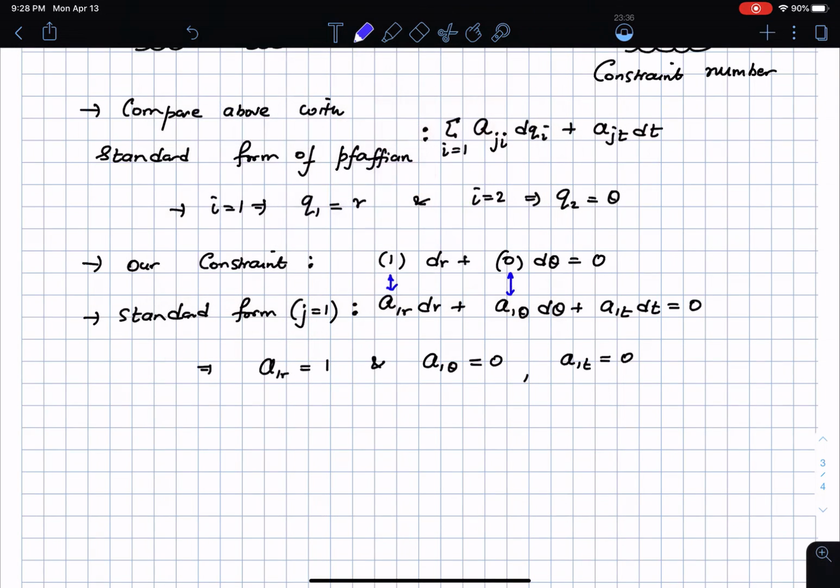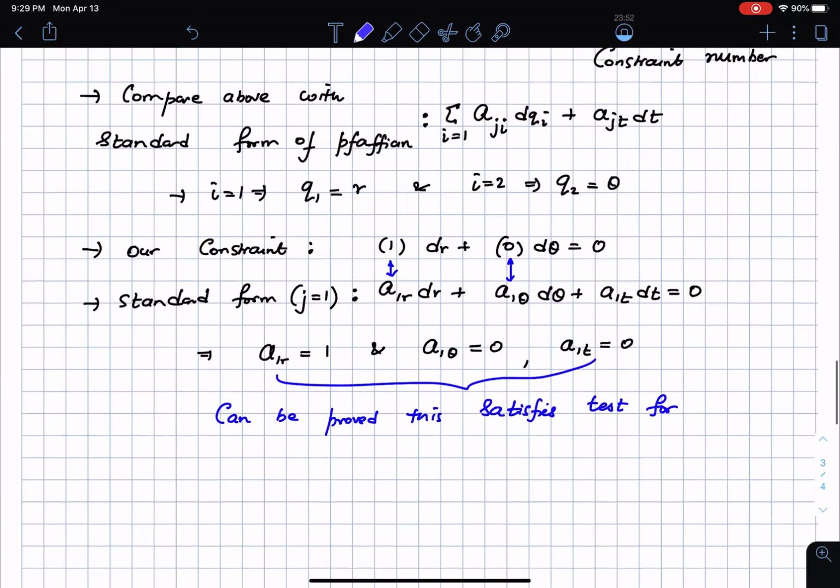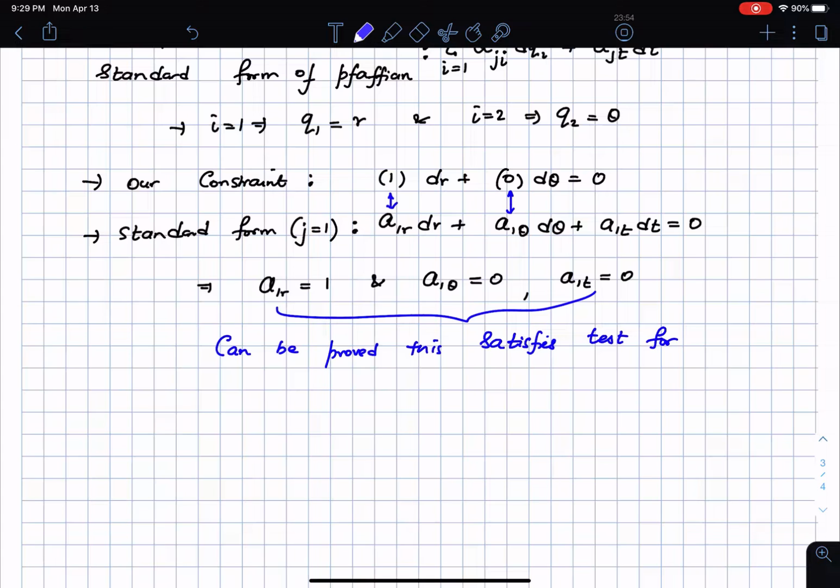It can be proved that this satisfies the test for integrability, and hence the constraint is a holonomic constraint.